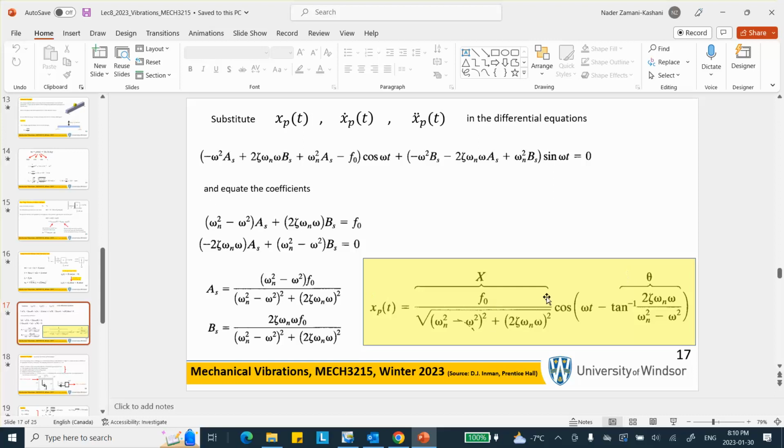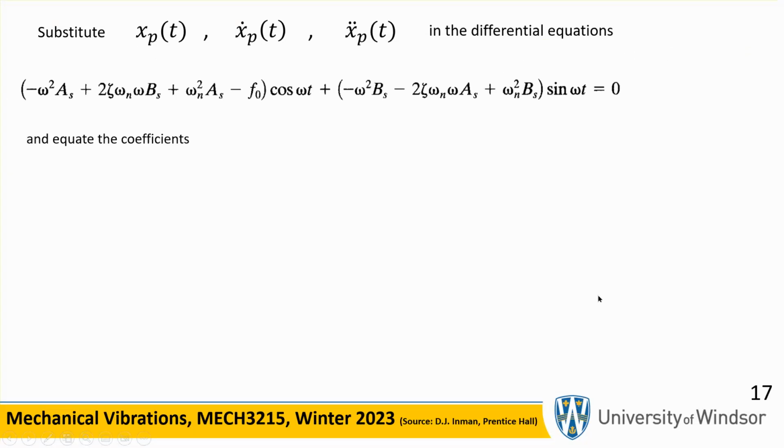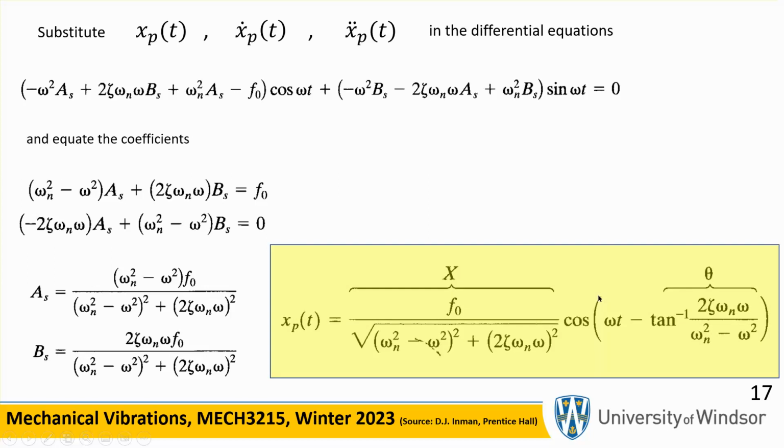The sine and cosine with AS and BS in front of them, with these horrible AS and BS, are going to get combined into a single cosine term with an amplitude, this is the amplitude, and a phase, and this is your theta. Okay, so this we already saw, and we move on.